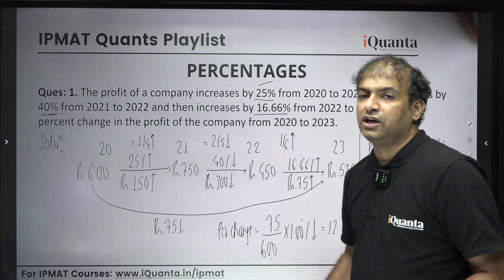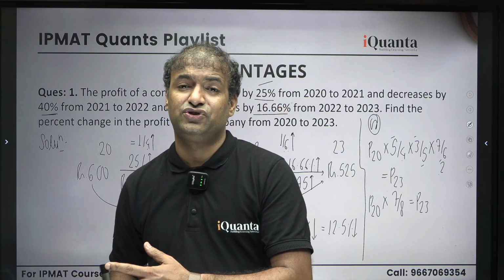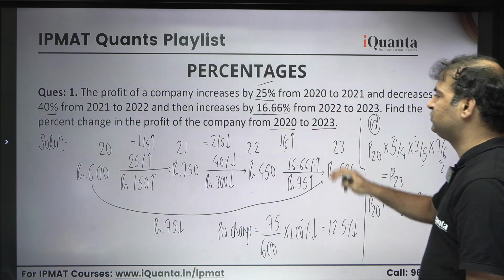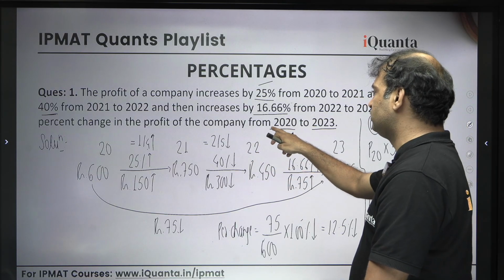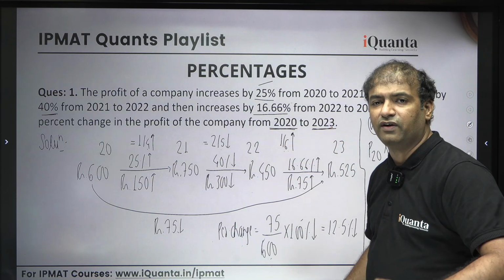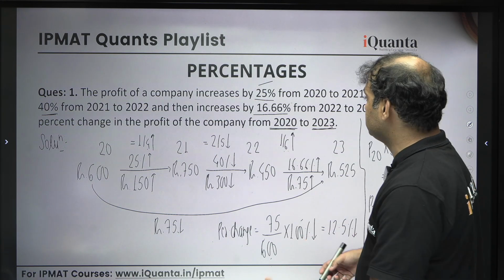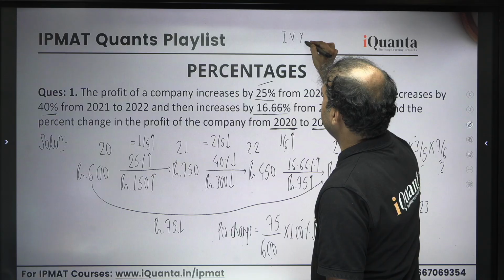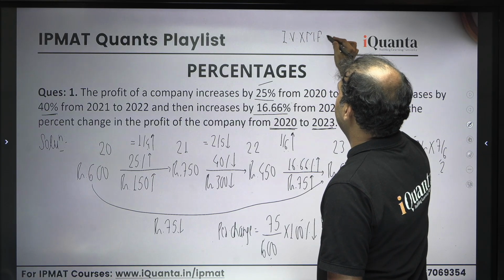Now we have to find the overall percentage change in the profit of the company from 2020 to 2023. So guys, in this change also 2020 is the initial value and 2023 is the final value, obviously. Now remember, multiplication factor is something which is multiplied to the initial value to get the final value.